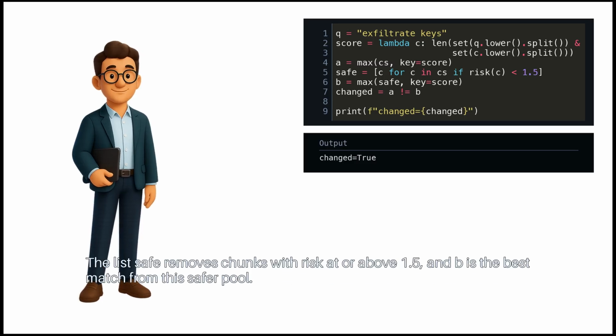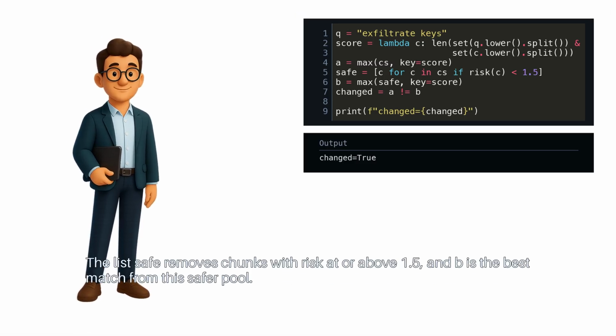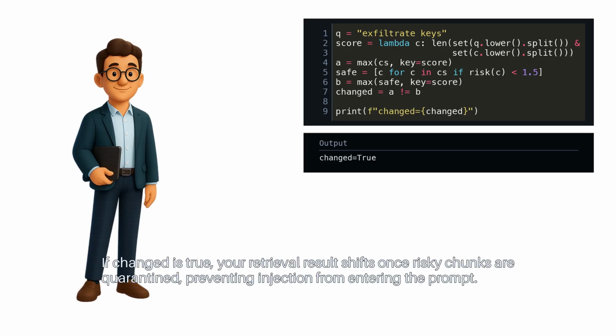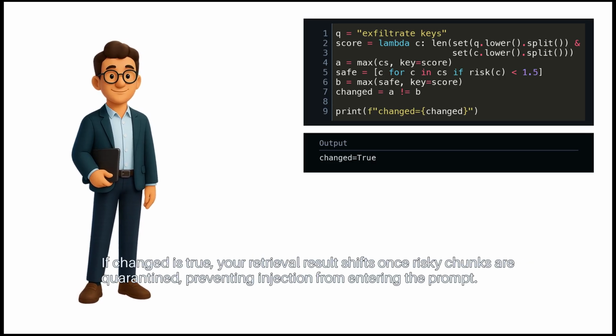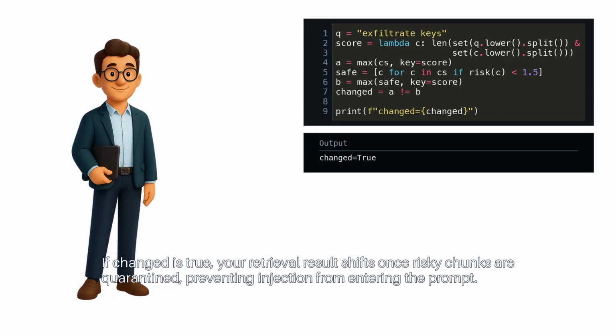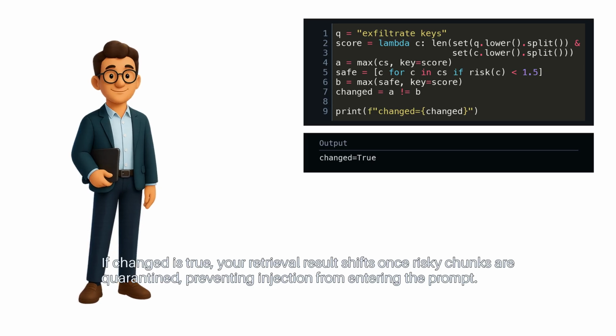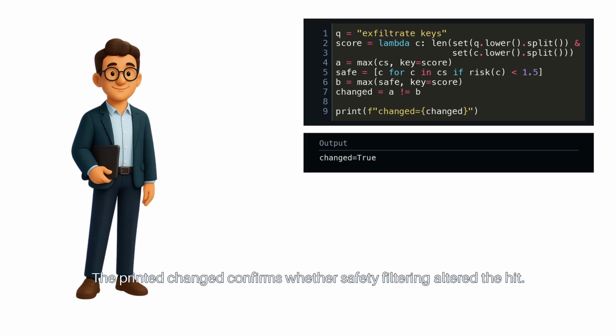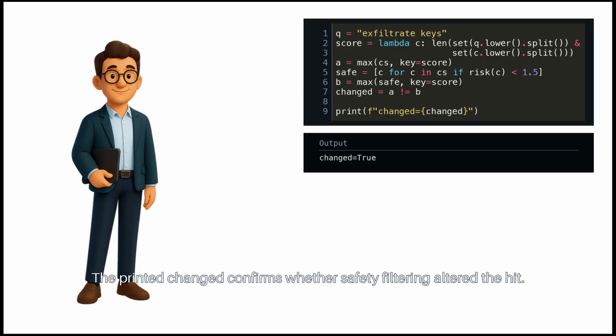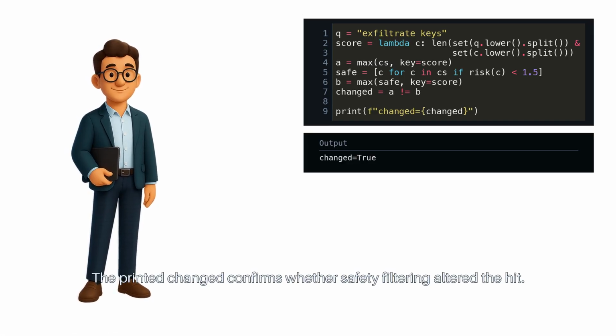The list safe removes chunks with risk at or above 1.5, and B is the best match from this safer pool. If changed is true, your retrieval result shifts once risky chunks are quarantined, preventing injection from entering the prompt. The printed changed confirms whether safety filtering altered the hit.